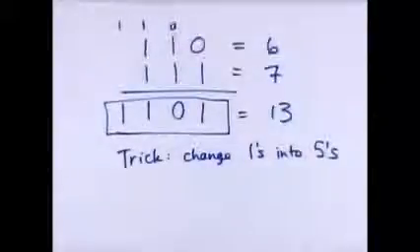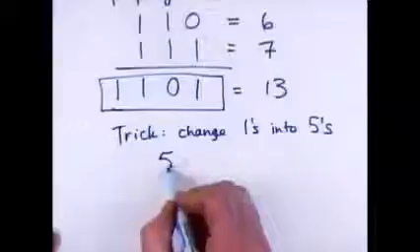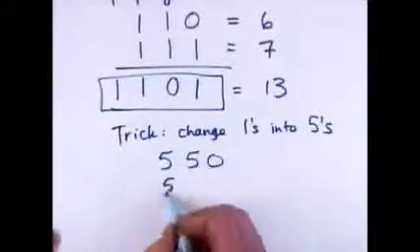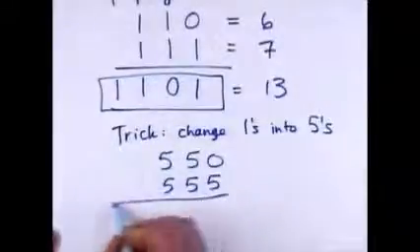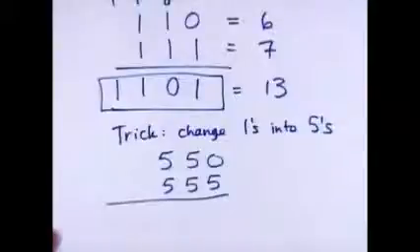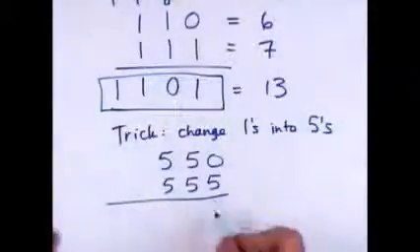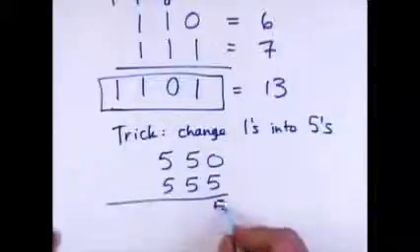Let's redo this same addition but change the ones into 5s, and at the end, I'll change the 5s back into 1s. So here I add 0 and 5, and I get 5.